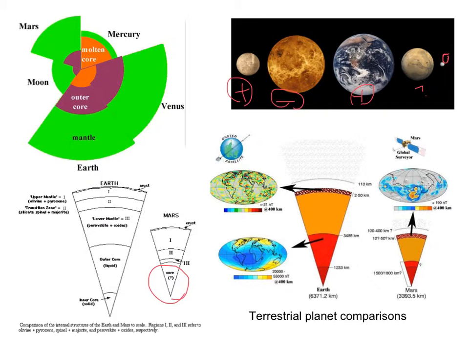Why would Mars's core be more solidified than the Earth's? Because the planet's cooler. Planet's cooler, and why is it cooler? It's older. Not older. Earth and Mars are the same age. Smaller. It's smaller. Yeah. So it has lost heat relatively more quickly, surface to volume.